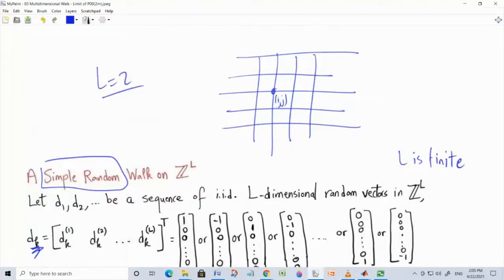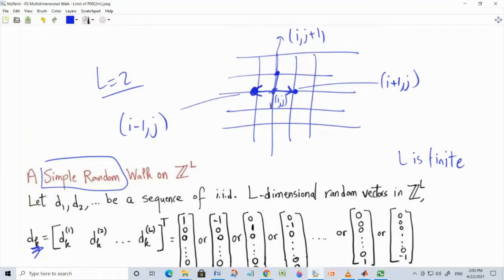For illustration, in 2 dimensions, you can either move to this point, so you increment i by 1 and go to (i plus 1, j), or you go to (i, j plus 1), or to (i minus 1, j), or to (i, j minus 1).